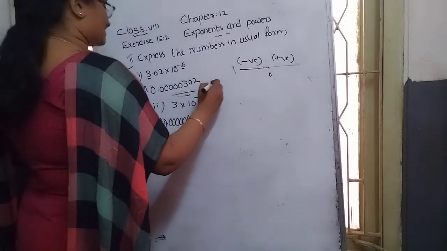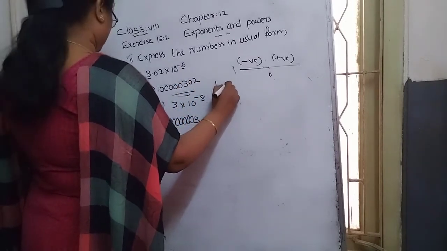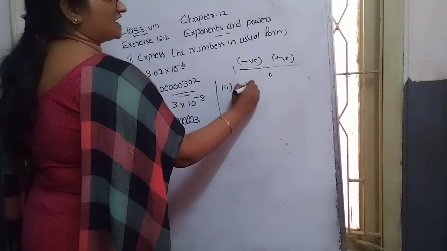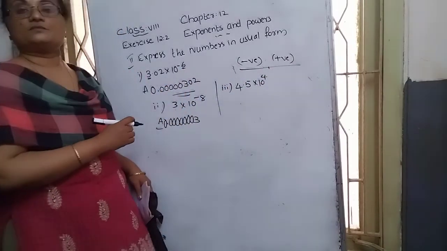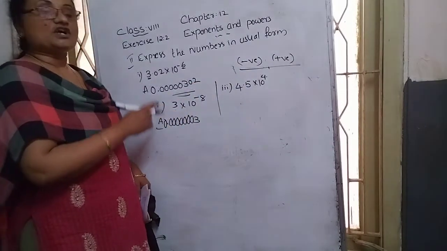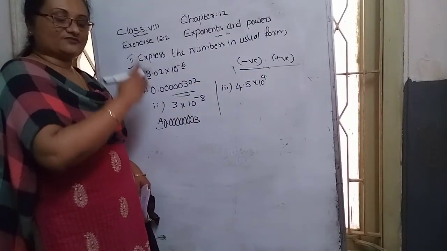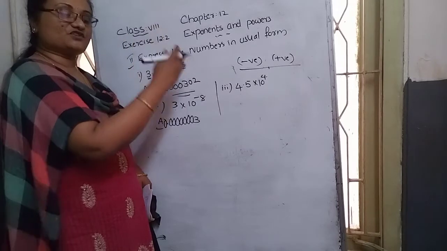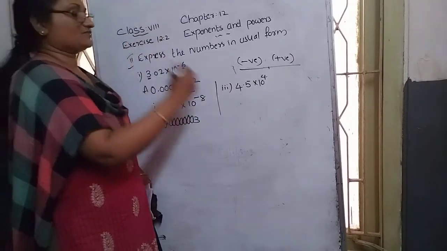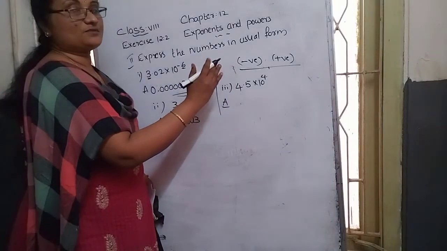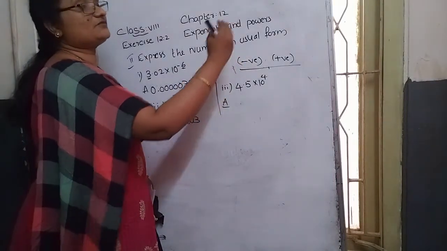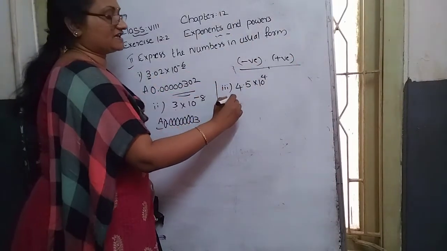Then one more, the next model, third question: 4.5 into 10 power 4. 10 power 4 is positive. In the positive case we move from left to right, and in the negative case we move from right to left. Here positive 4 is there, so we move 4 places to the right.